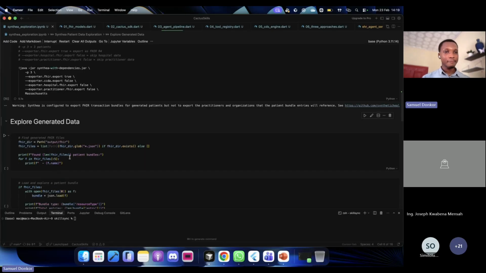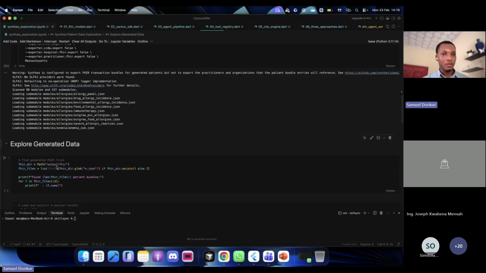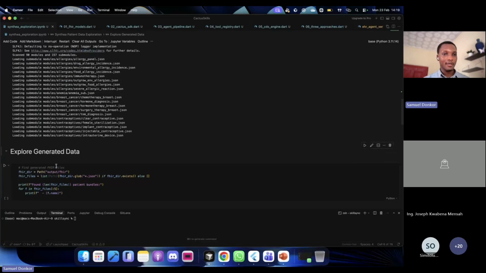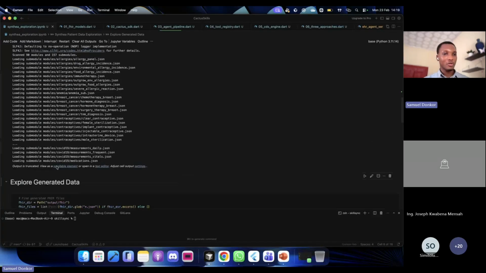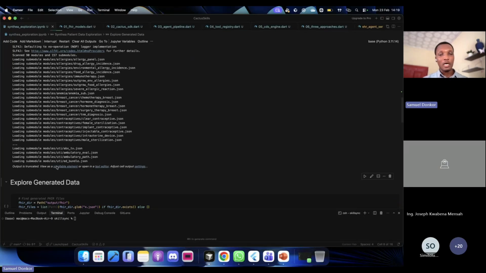So it will generate synthetic patient data for us in a sec. Okay, there we go. It's loading the different modules. Like we talked about, the different resources, like the patient itself, the medication, the practitioner, for example the clinician who took care of them during their visit, and all that.